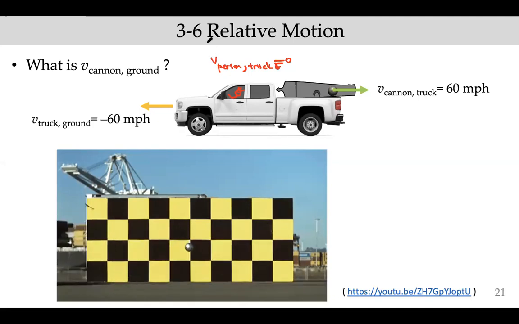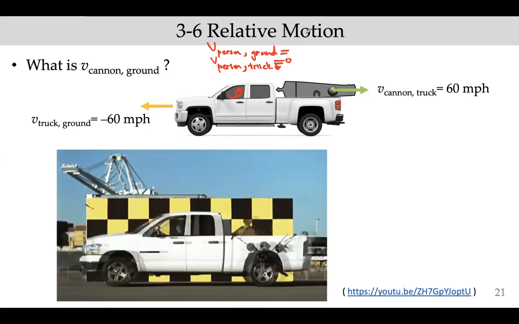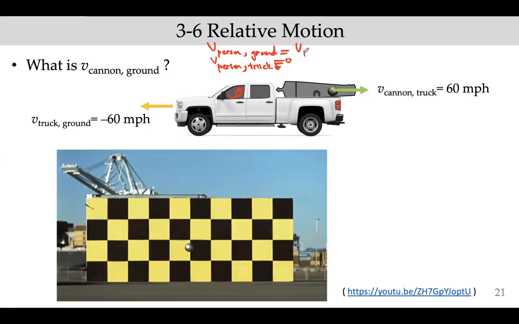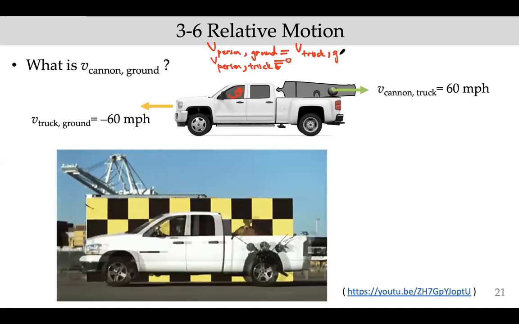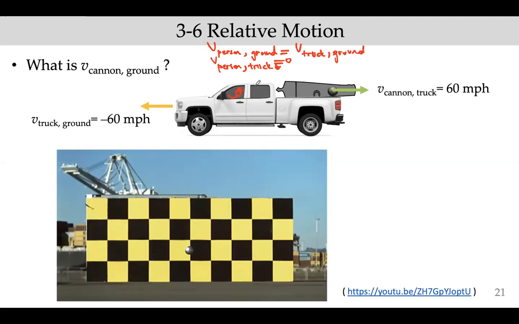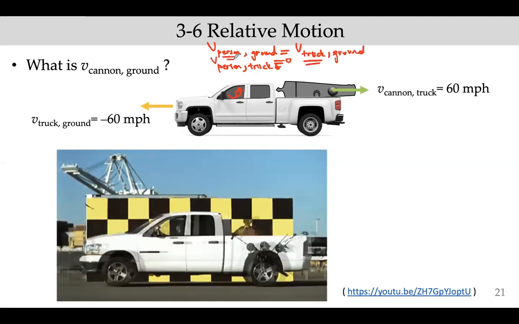But your velocity, the person's, with respect to the ground would be the speed of the truck, right? V truck, with respect to the ground. Why? Because whatever velocity the truck has, you have the same velocity.